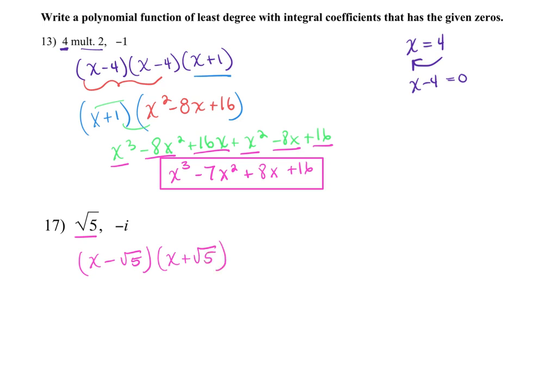They always pair up. Even if they didn't give it to you, they always pair up. If I have the negative i, which is x plus i, I'm always going to have the opposite, x minus i. Okay? Now, when I have something like this, I always FOIL the two pairs, because that's an a plus b and an a minus b.